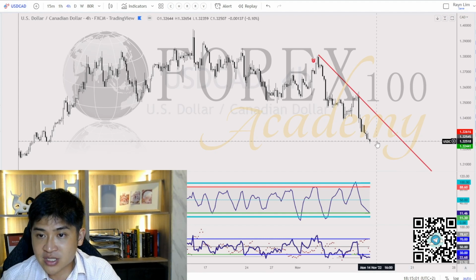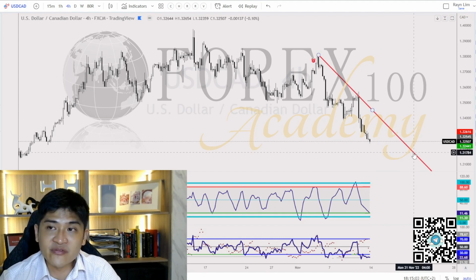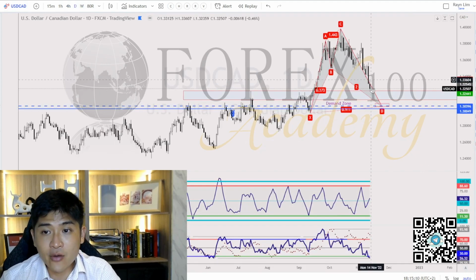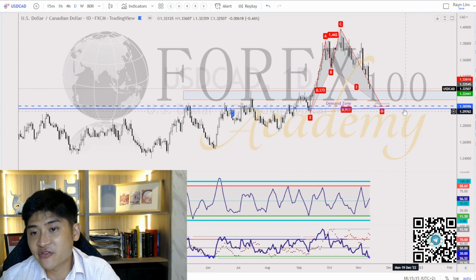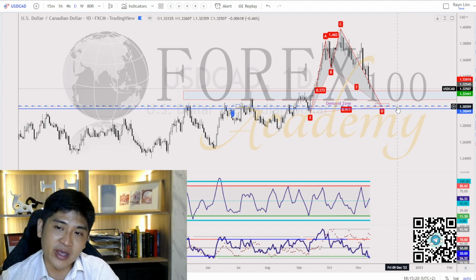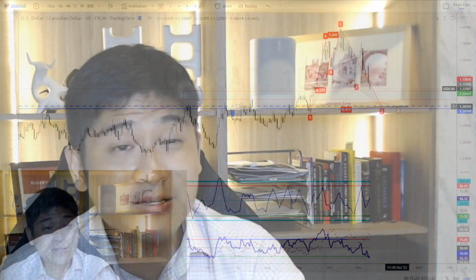The whole purpose of the first target is for me to take some profits out and to shift stops to entry. And the final target, I will extend towards the completion of the shark pattern. I will just let it flow and see if this level holds up. If you know the secret about the shark pattern, it can have up to 3 entry points. Got my point. So that's all I have for you today.